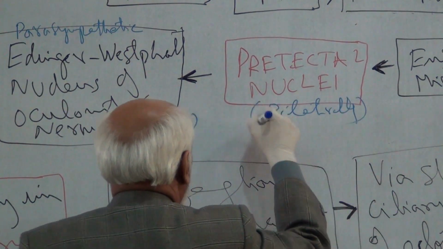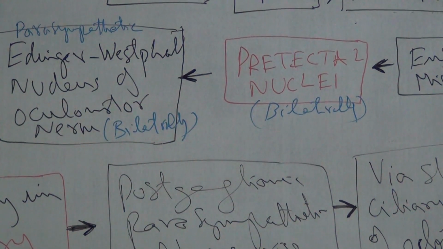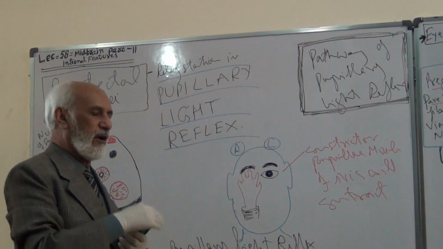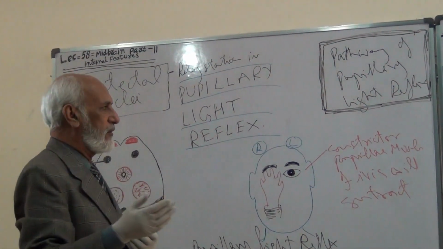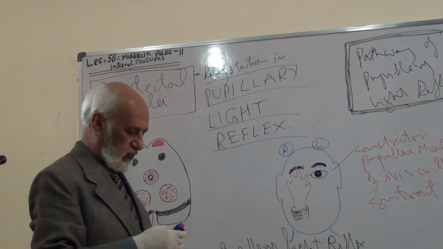This is the reason because the pupillary light reflex pathway on one side has connection with the pretectal nuclei of both sides and Edinger-Westphal nuclei of oculomotor nerve of both sides. This is responsible for the consensual light reflex.